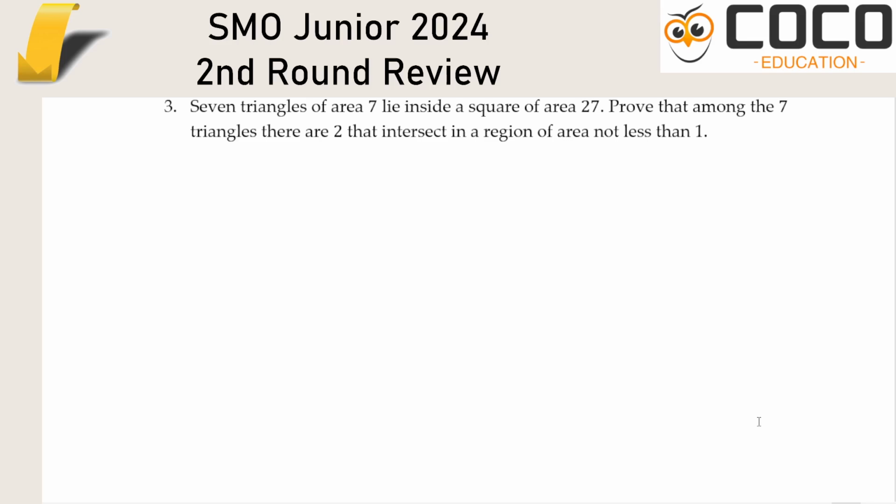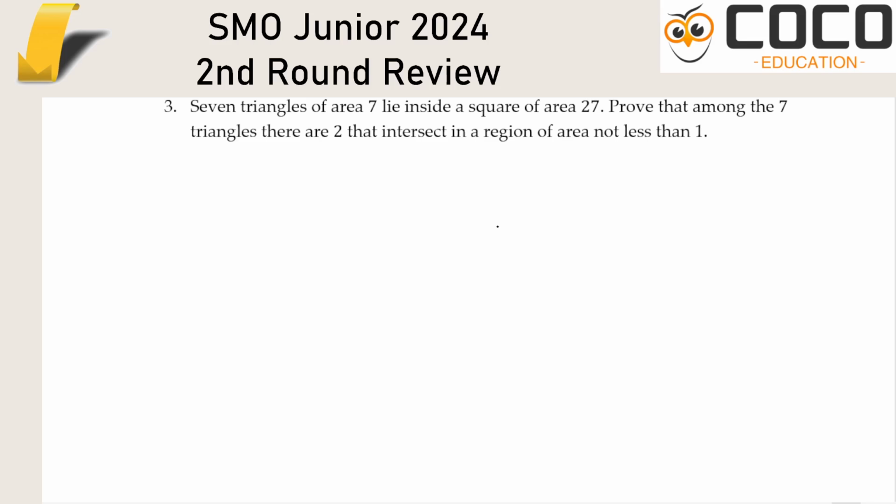The moment I see this, I know it's not geometry, because the numbers are too ugly and the positions are too strange. And so I can't really find good positions for the triangles to do it in a purely geometric way.